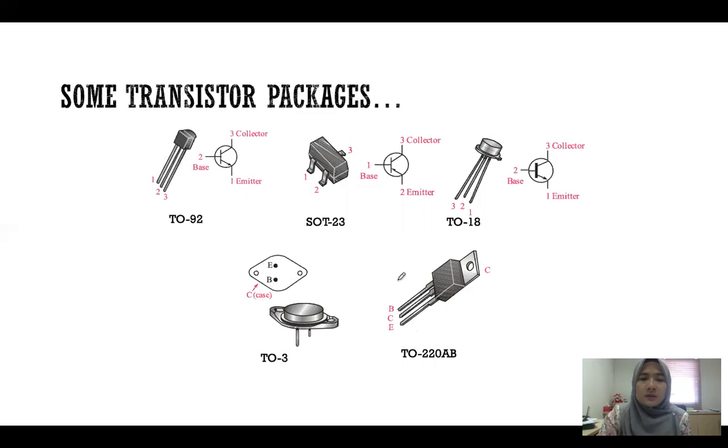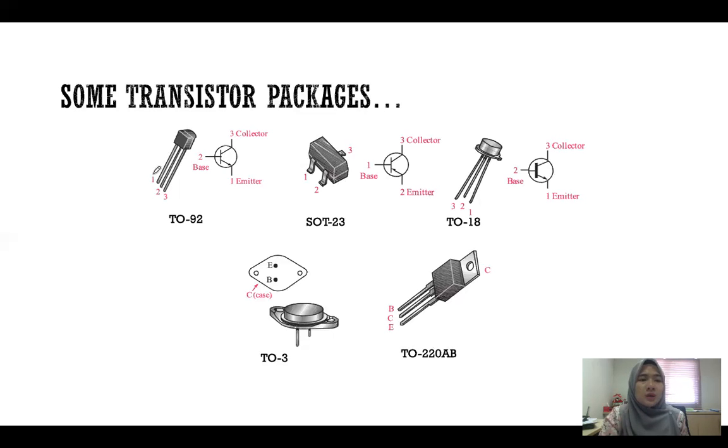So if you look at here, this is the emitter, base, and this is the collector. So you must refer to the equipment. Usually for every piece of electronic equipment, they will state which foot is the emitter, base, and the collector.